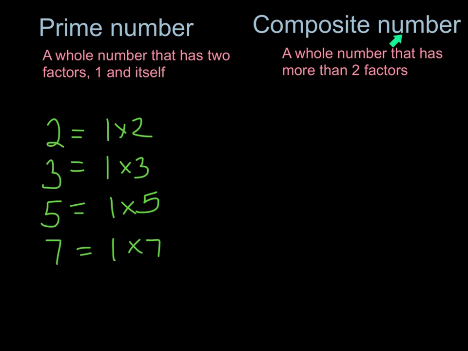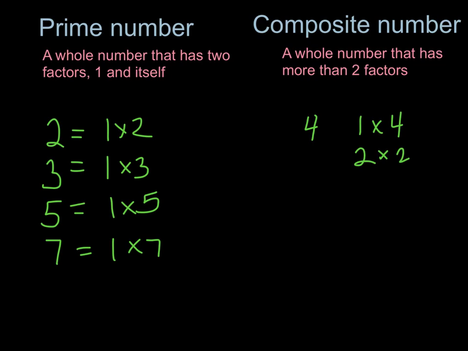A composite number is a whole number that has more than two factors. So when we look at this, 4 is a composite number because the factors I have are 1 and 4 and 2 times 2.